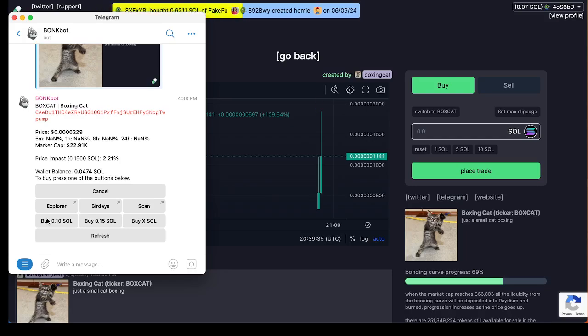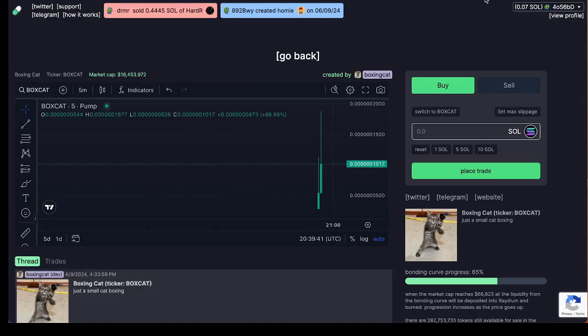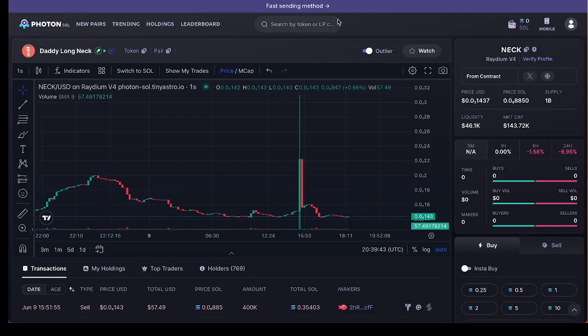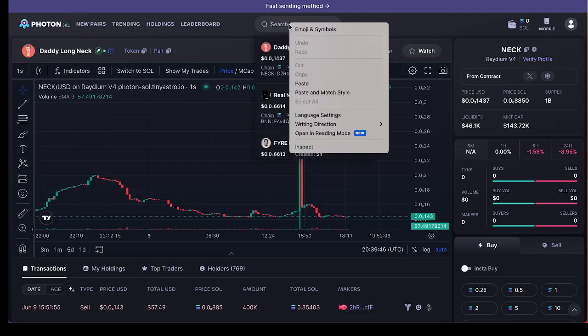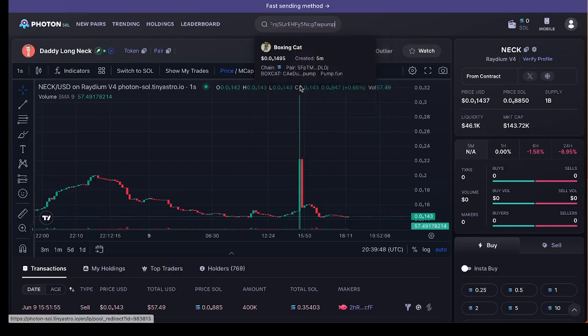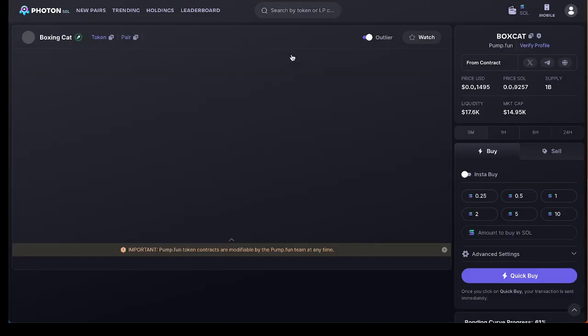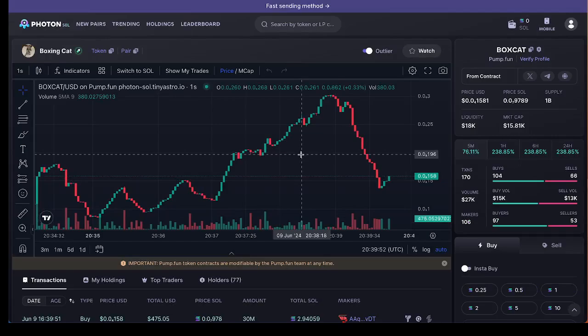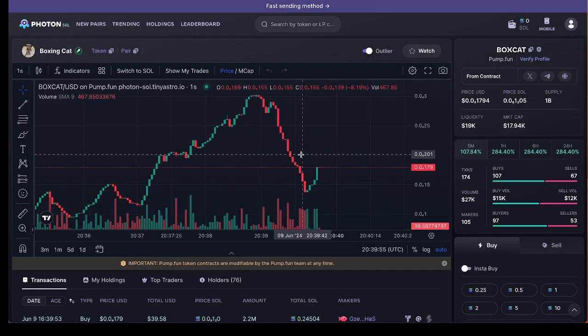If you'd like to see a live chart, you can copy this contract and go to Phantom. So here you put the contract, and you will see this is a live contract. You can see how it's trading right here.